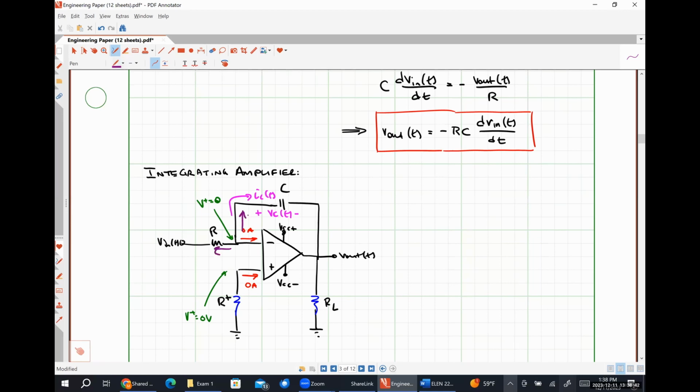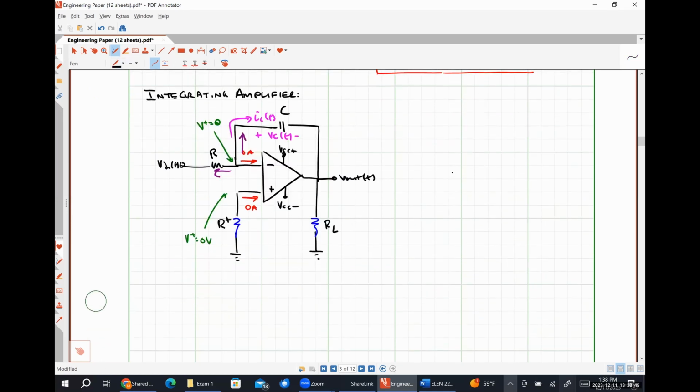Adding these currents together, we wind up getting negative Vn over R plus IC is equal to 0, which we can rearrange as Vn over R is equal to IC.